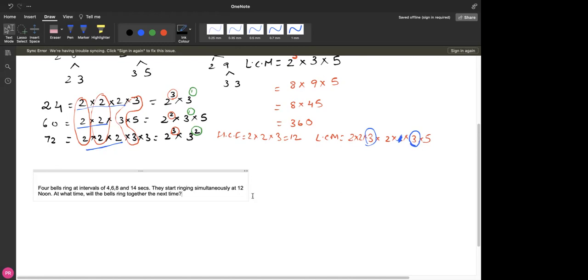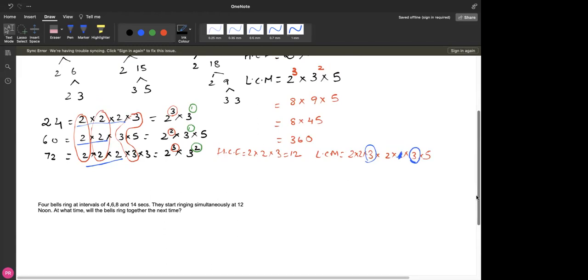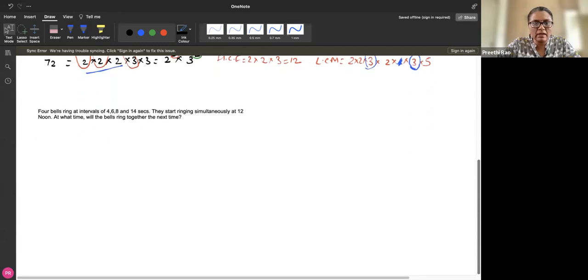Yes. Okay. Four bells ring at intervals of 4, 6, 8, and 14 seconds. They start ringing simultaneously at 12 noon. At what time will the bells ring together the next time?